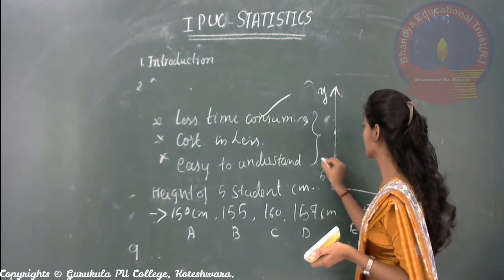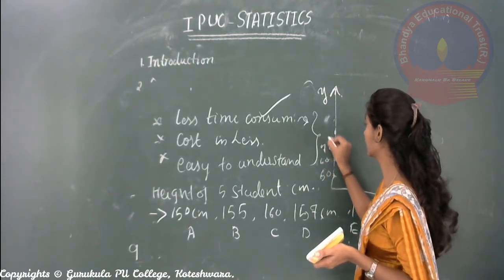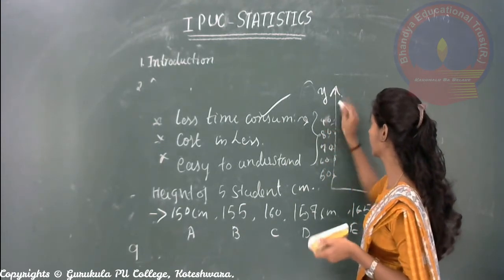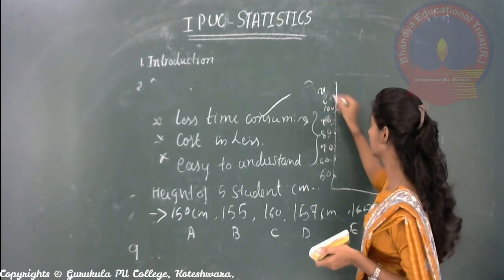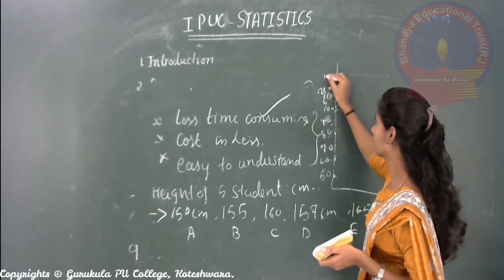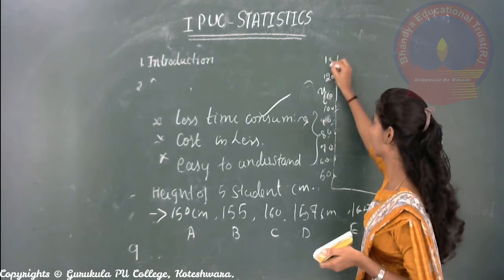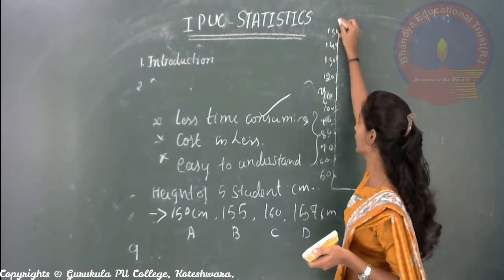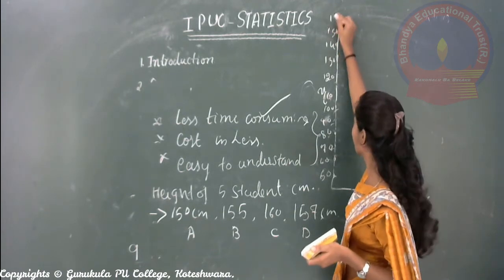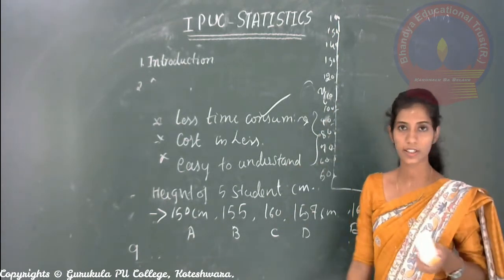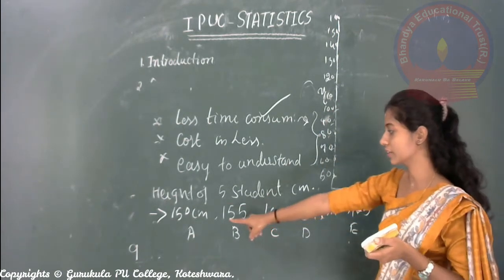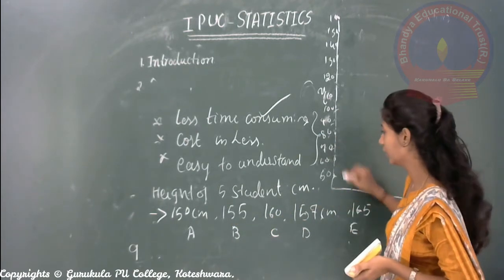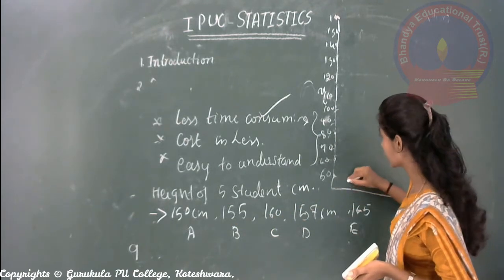Here 50, 60, 70, 80, 90, 100, 110, 120, 130, 140, 150, like that up to 160 I am going to consider. I am going to represent these students' height here. First it is 150 centimeter.